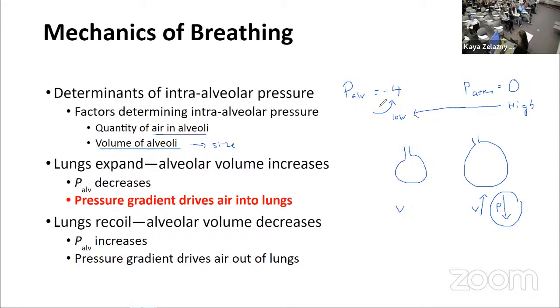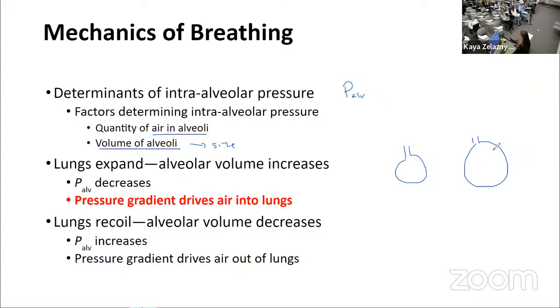When we then breathe out, we're going to have the opposite thing happen. Going back to our first two alveoli that are different in size, we're now going to step the opposite direction. We're starting out with that large alveolus, which is now going to be 10.1 on the right here.